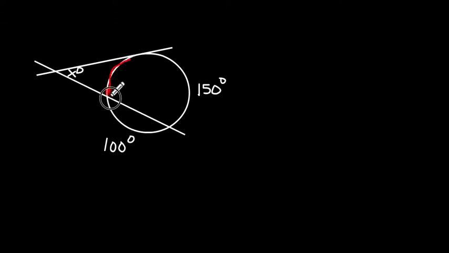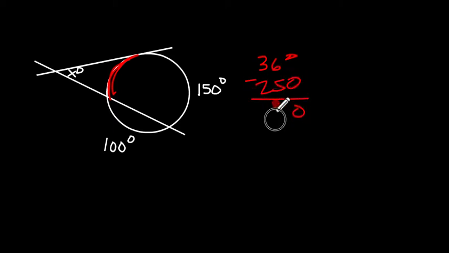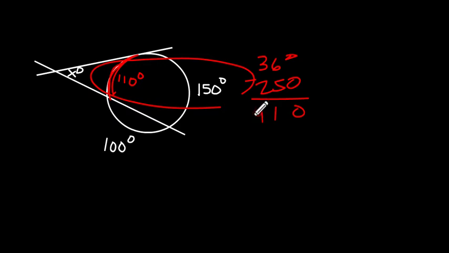You don't know this one. So what you're going to do is take 360 and subtract, add these together, 250, and you're going to subtract those and you get 110. So this is 110, and then you're going to subtract these two and divide by 2. Okay, so that's more like the one on the test, and then there's one like this.